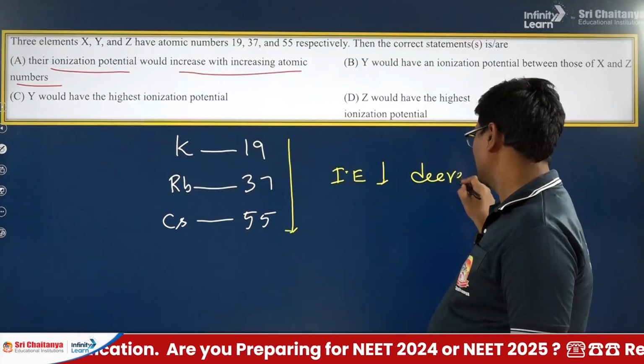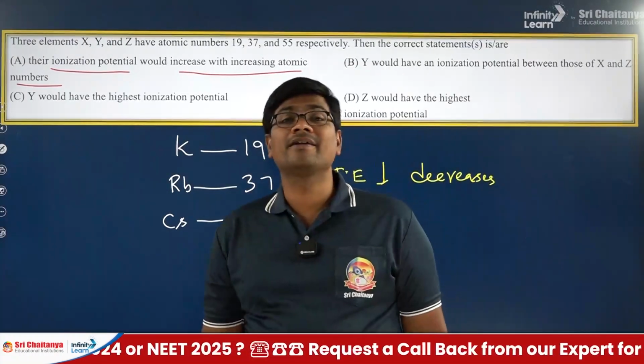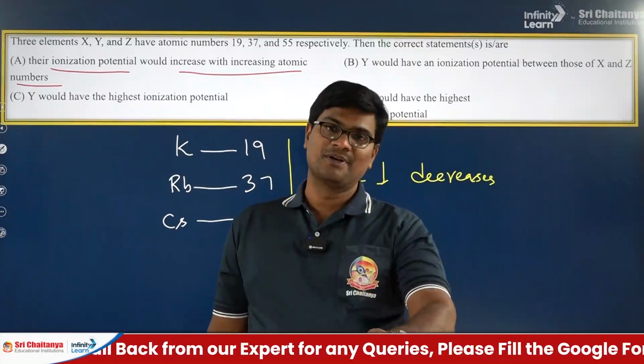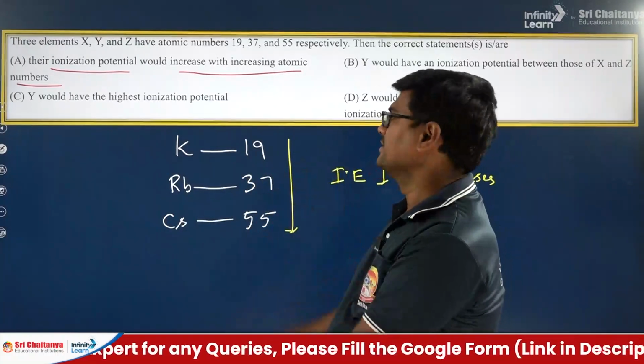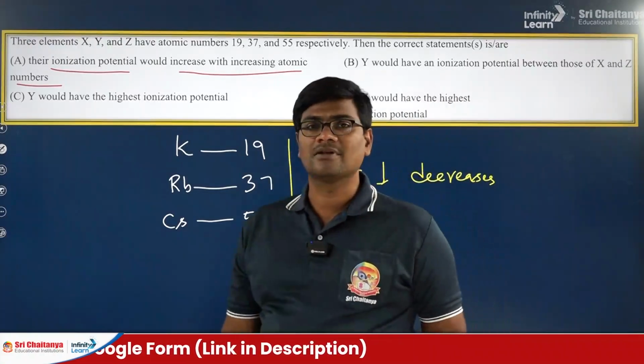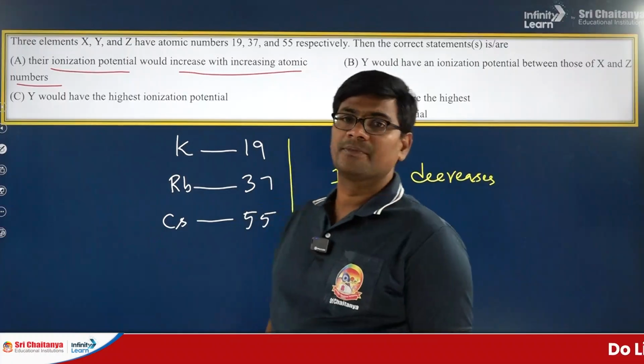Do you agree with that? Yes, that is the general trend, and also in alkali metals we don't find any exception. Ionization energy decreases down the group. What is mentioned there? The ionization potential would increase with increase in atomic number. Therefore, obviously it is a wrong statement.